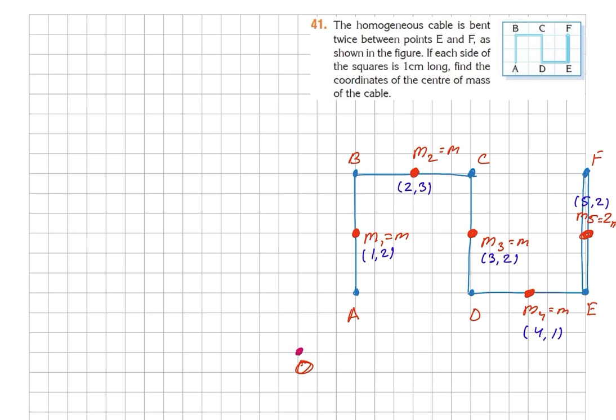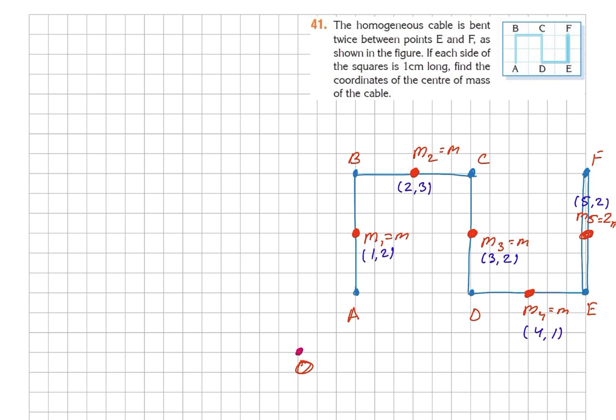Question 49. The homogeneous cable is bent twice between points C and F, as shown in the figure. If each side of the squares is 1 centimeter long, find the coordinates of the center of mass of the cable. Here I tried to draw it in a bigger size, and I also wrote all the coordinates and all the masses. Instead of considering a cable, we have to consider points.